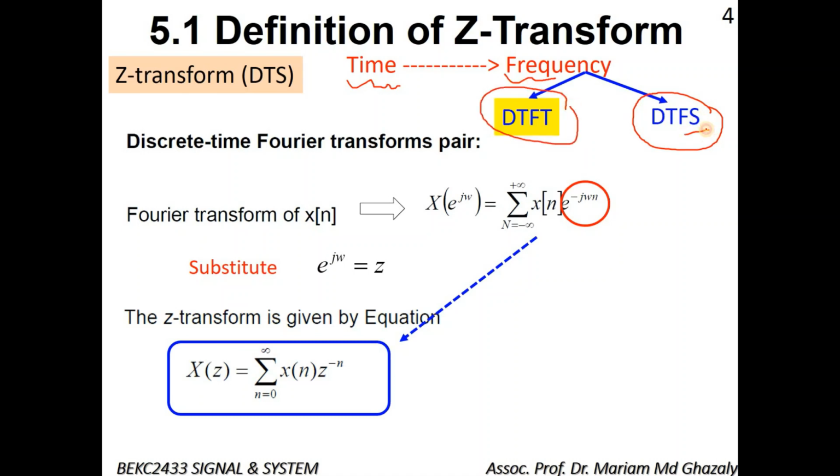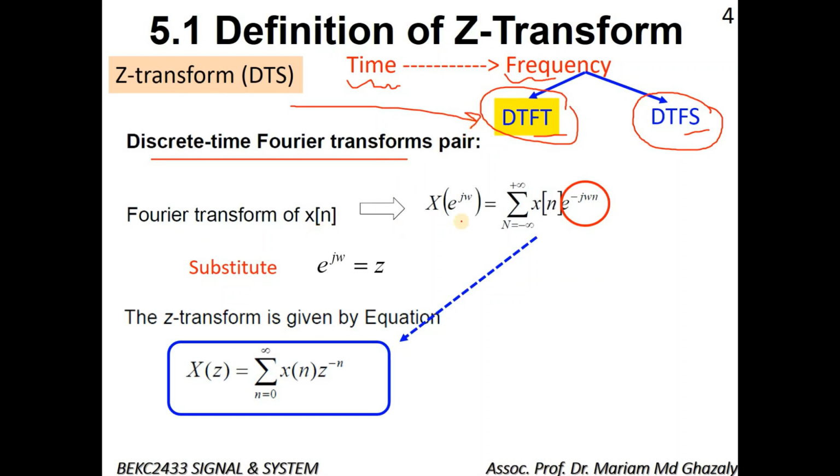Fourier series you learned in chapter 3 and Fourier transform in chapter 4. If you go back to the notes for the discrete time Fourier transform, we have the transformation pair. The Z transform represents the discrete time signal.